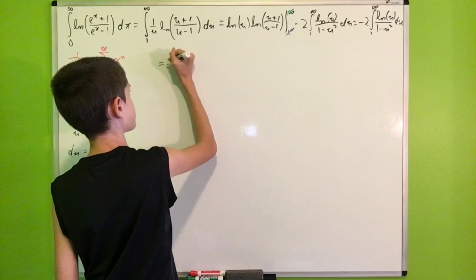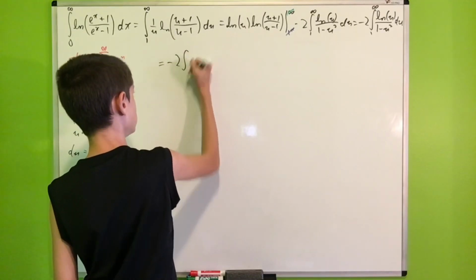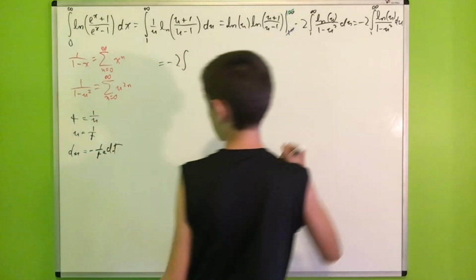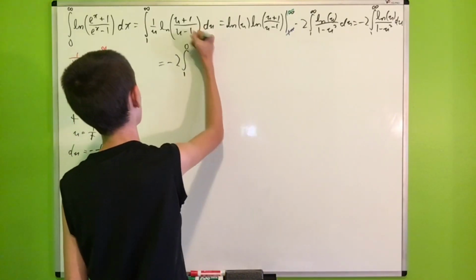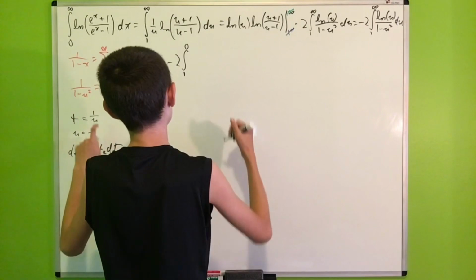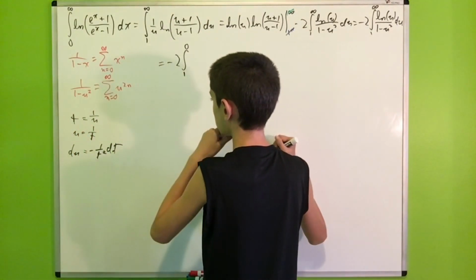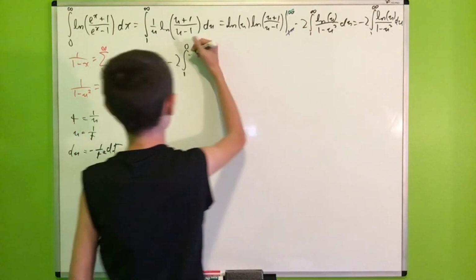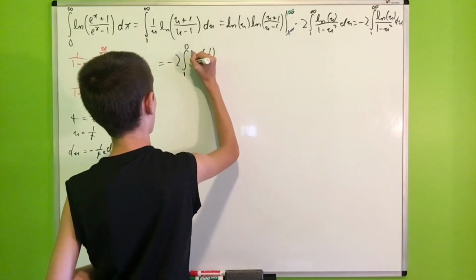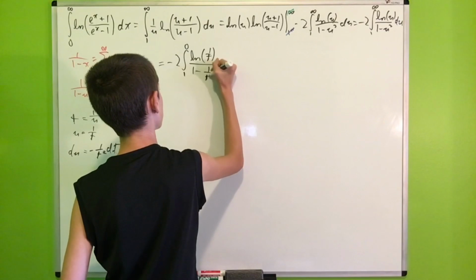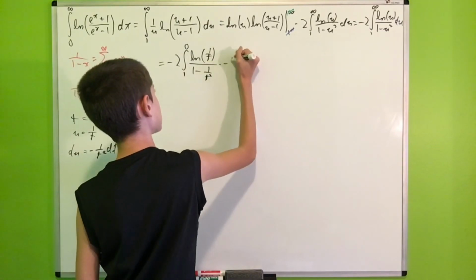So we get -2 times the integral from, 1 over 1 is just 1, 1 over infinity is 0, and then we get natural log of 1 over t over 1 minus 1 over t squared times -1 over t squared dt.